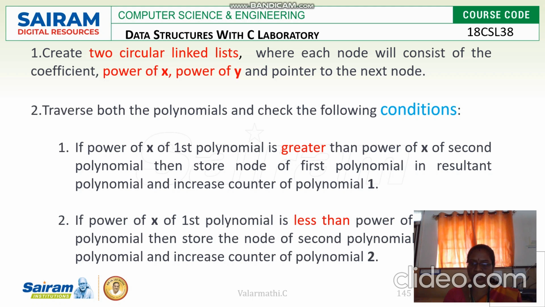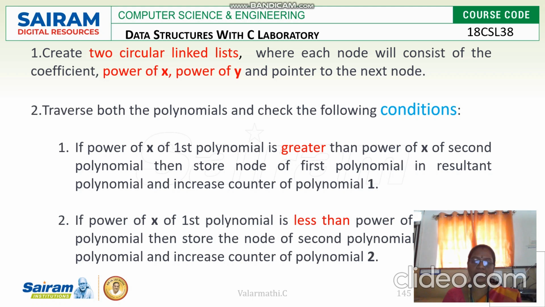Once the two circular linked lists are created, we traverse each polynomial, checking the conditions. If the power of x of the first polynomial is greater than the power of x of the second polynomial, what should we do? We should store the node of the first polynomial in the resultant polynomial and increase the counter of polynomial 1. Likewise, we have to compare the power of x everywhere. If the first polynomial's power of x is greater than the second's, we increment the polynomial counter by 1.